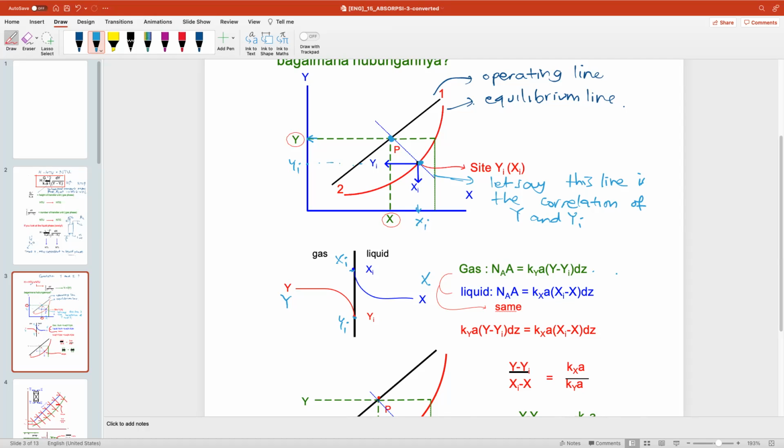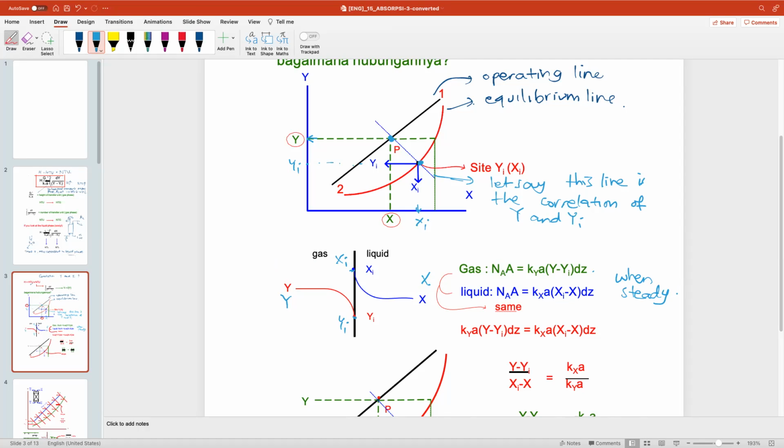And when steady, the rate of transfer of the solute from the gas to the interface should be similar to the rate of transfer of the solute in the liquid from the interface into the bulk phase.